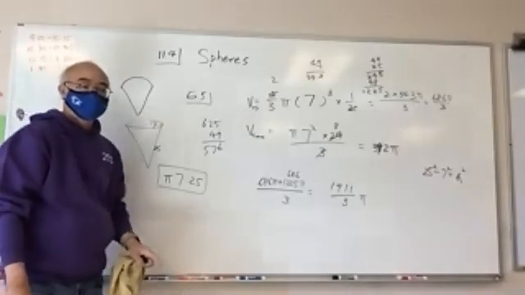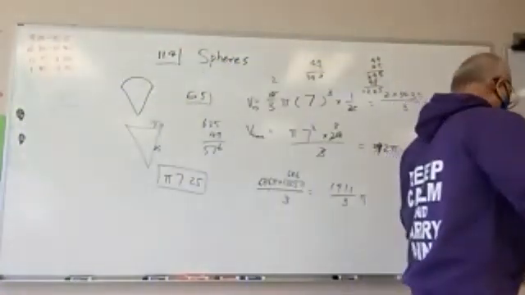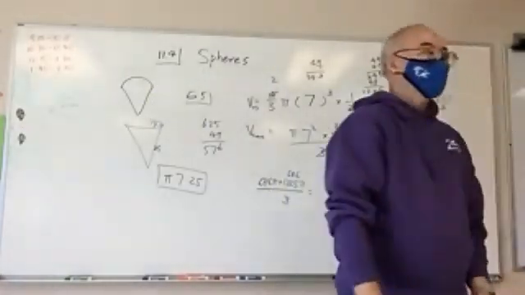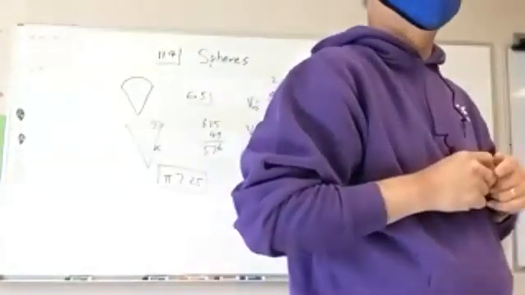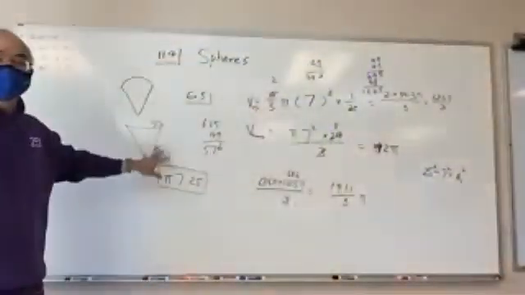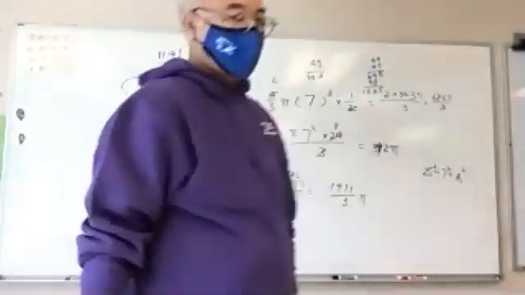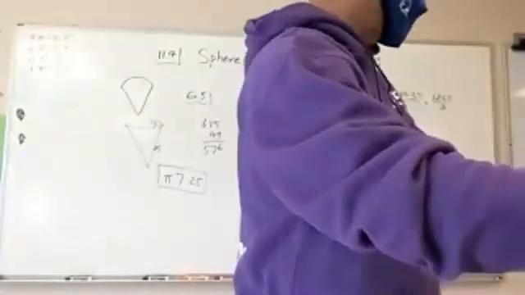This hopefully will not be on the test. It's not something I expect you guys to know. This is more of an introduction to the concept here. All right, we're done.